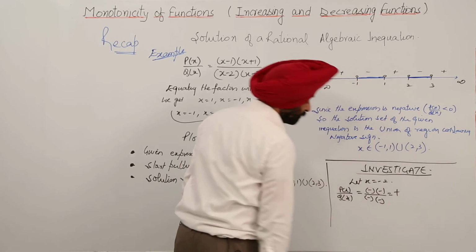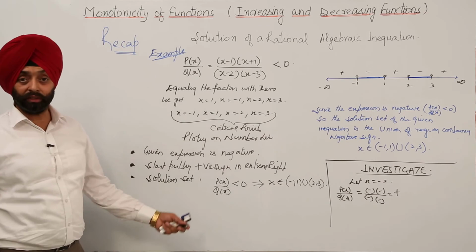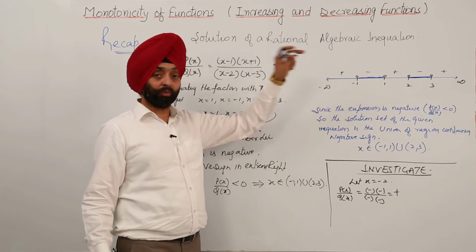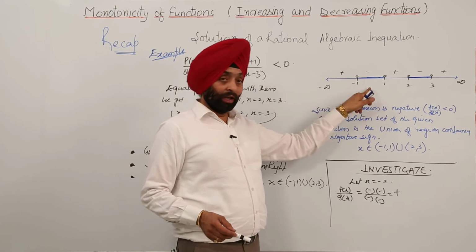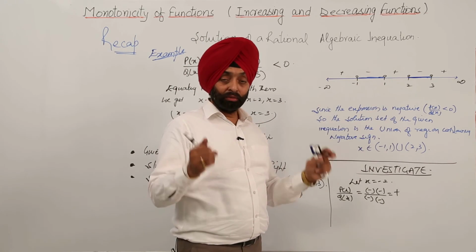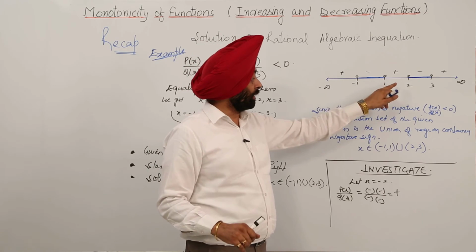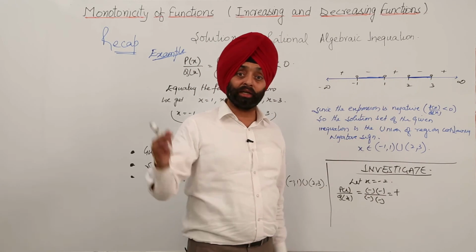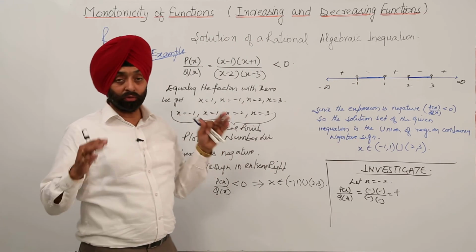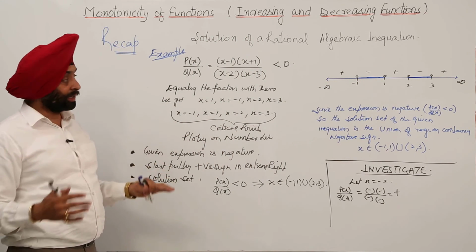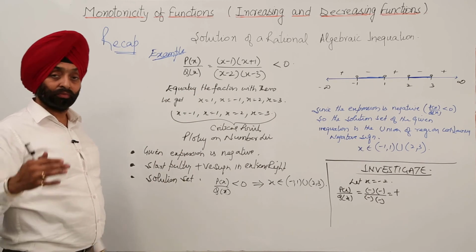So what is the result? Positive. So that's why here it is positive. Now if you are taking any value in between minus 1 and 1, the result will be negative. If you are taking any value in between 2 and 3, again negative. More than 3, positive. So this is the basic thing how we are getting exact answers for the number line.